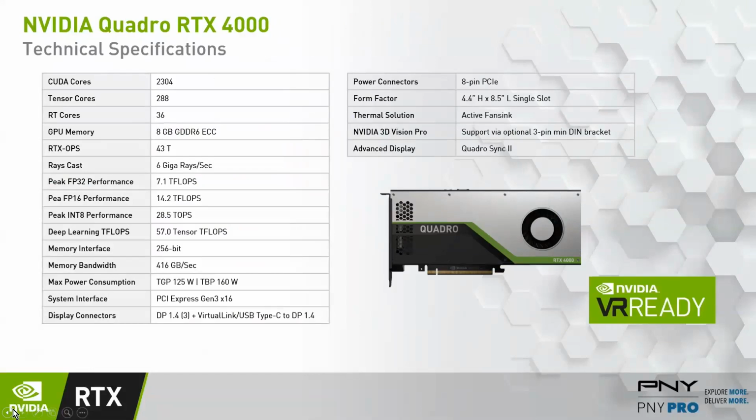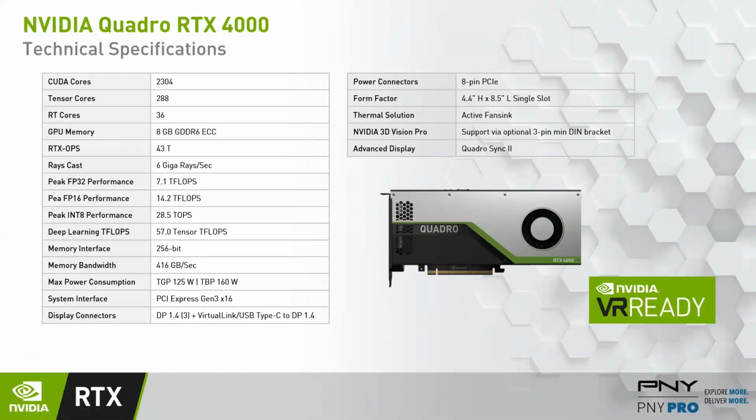If you're doing ray tracing, up to 6 billion rays per second. If you're doing AI work or AI augmentation of some of the tasks, you have up to 57 tensor teraflops to do things like assist that AI denoising. Virtual link support makes it very easy to drive a VR HMD.